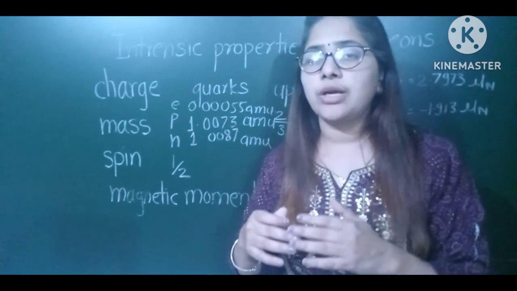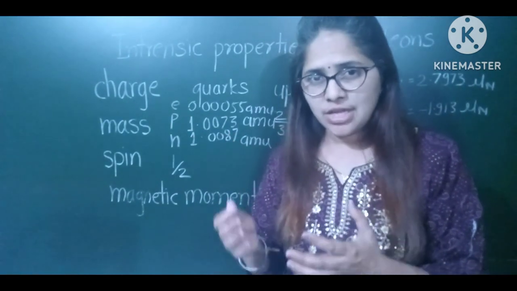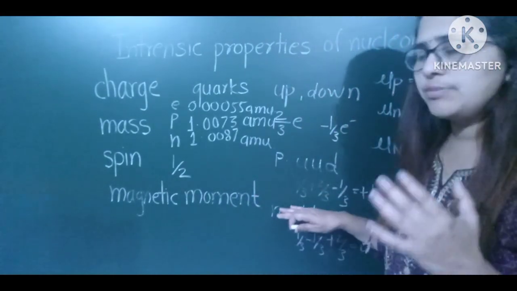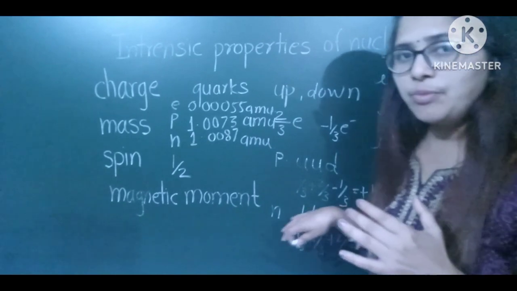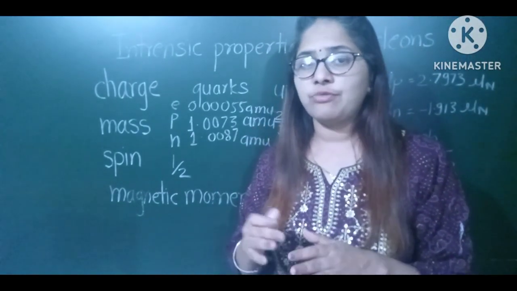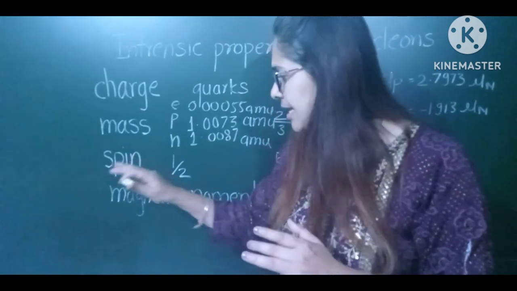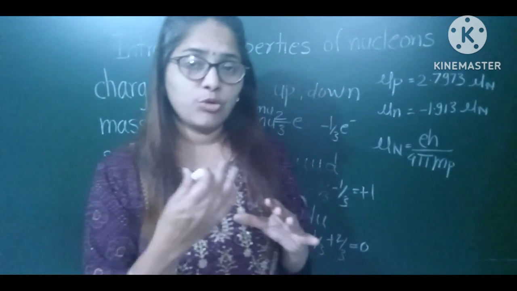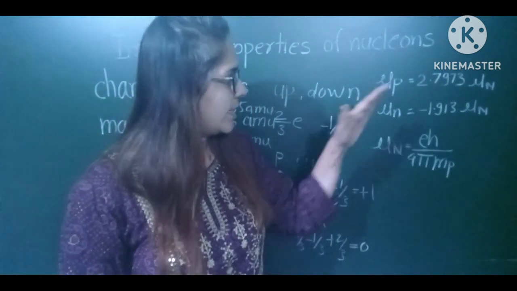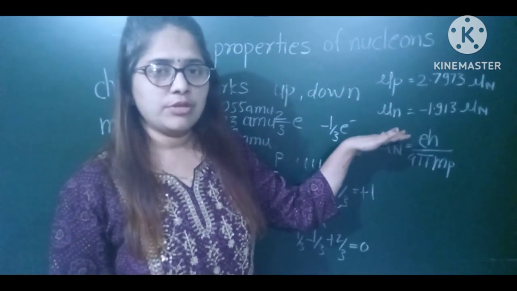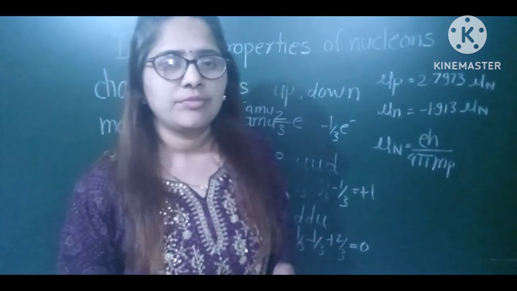The proton and neutron are made up of fractional charges: the proton is made up of up and down quarks, whereas the neutron is made up of down and up quarks. These are spin half particles, therefore they follow Fermi-Dirac statistics, and they have some magnetic moment due to the motion of the fractional charges. So this is the formula for the magnetic moment.